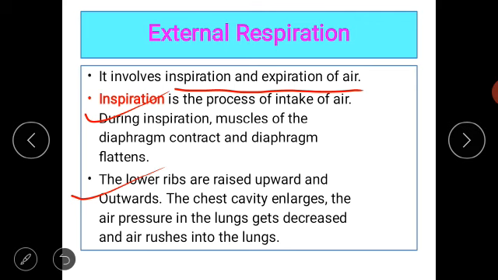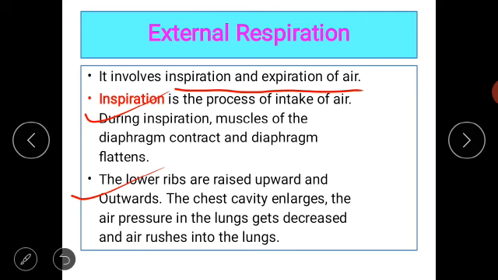So the ribs of the chest, when we inhale, are uplifted, and a little bit of the bones of the ribs come outward and are uplifted when we inspire.